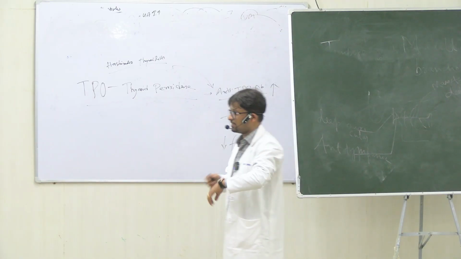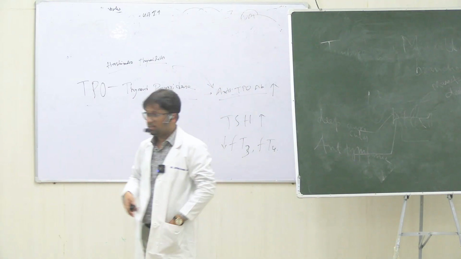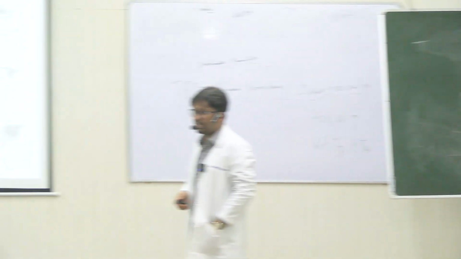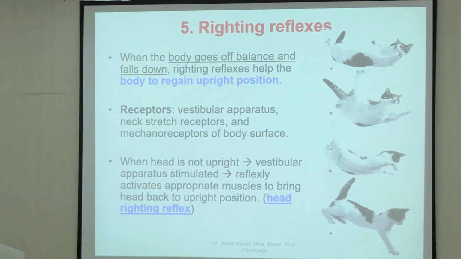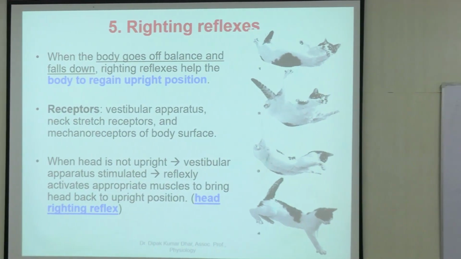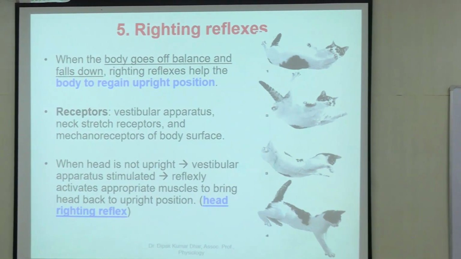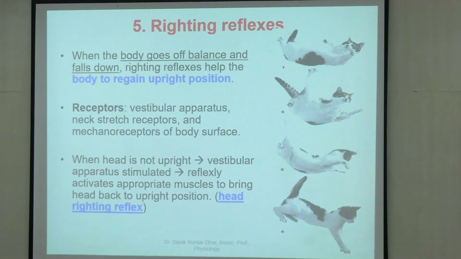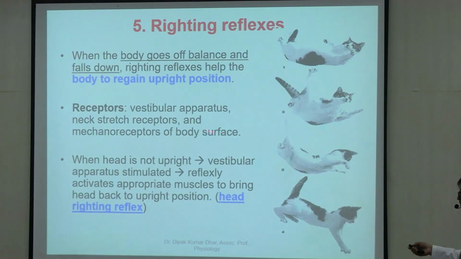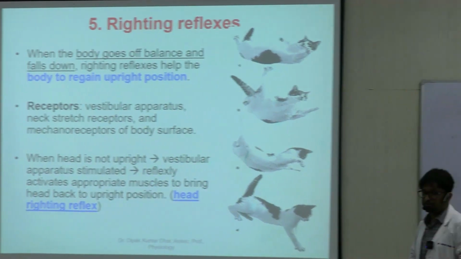The last of the reflexes is the righting reflex. The purpose of the righting reflex is, again, when the body goes off balance, it helps us to regain the upright position. Receptors for this again are in the vestibular apparatus, neck stretch receptors and mechanoreceptors of the body surface.